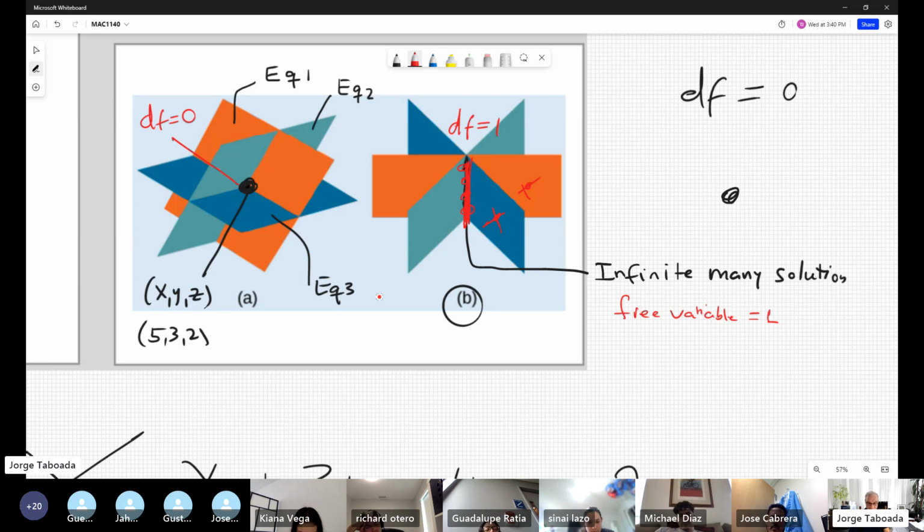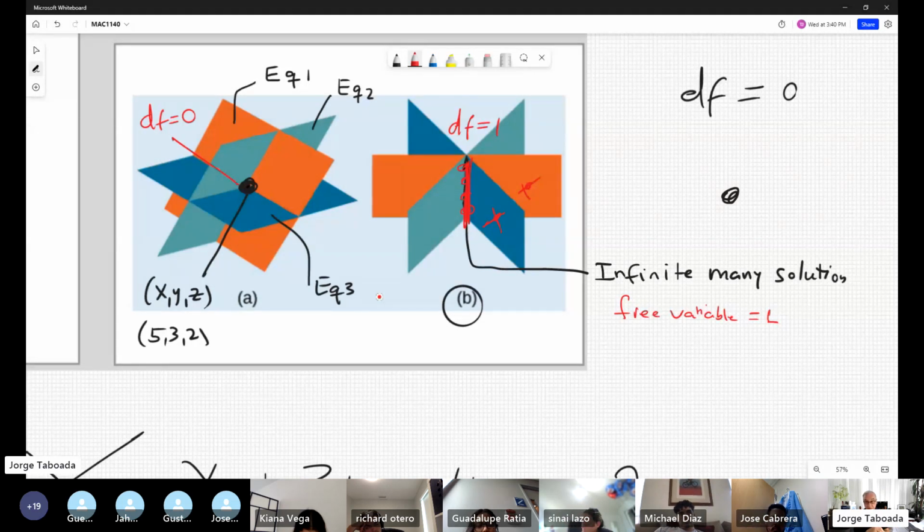Okay. Repetition again. When you have a unique solution, only one solution, nice, no problem, no free variable. When you have degree of freedom 1 or degree of freedom 2, I don't know, let me see.